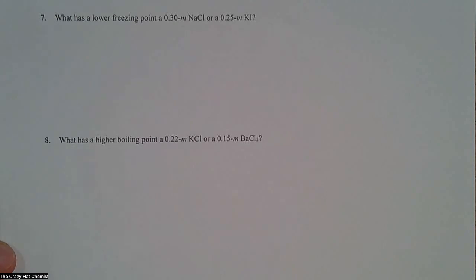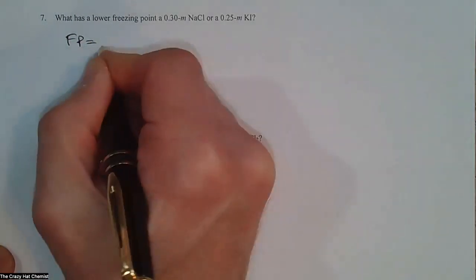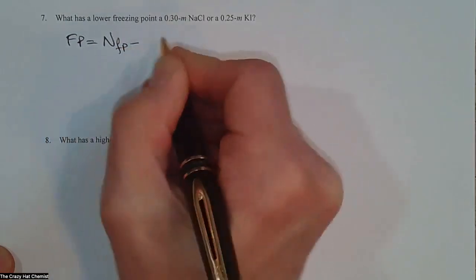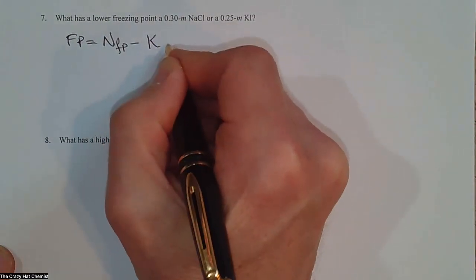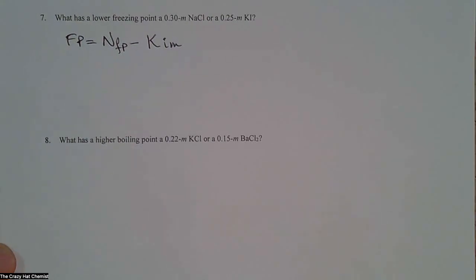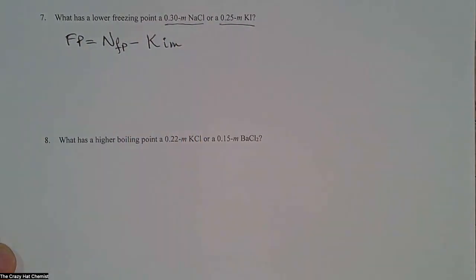We don't actually have to calculate a numeric value of the freezing point for either one. So the freezing point is equal to the normal freezing point minus the change in temperature of the freezing point, which is equal to Kim. We'll have to make an assumption here that they're both in the same solvent, which would more than likely be water.